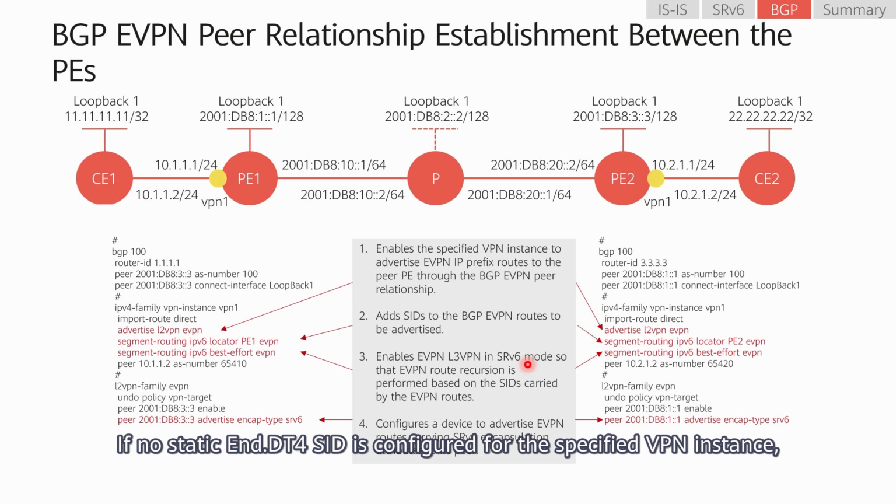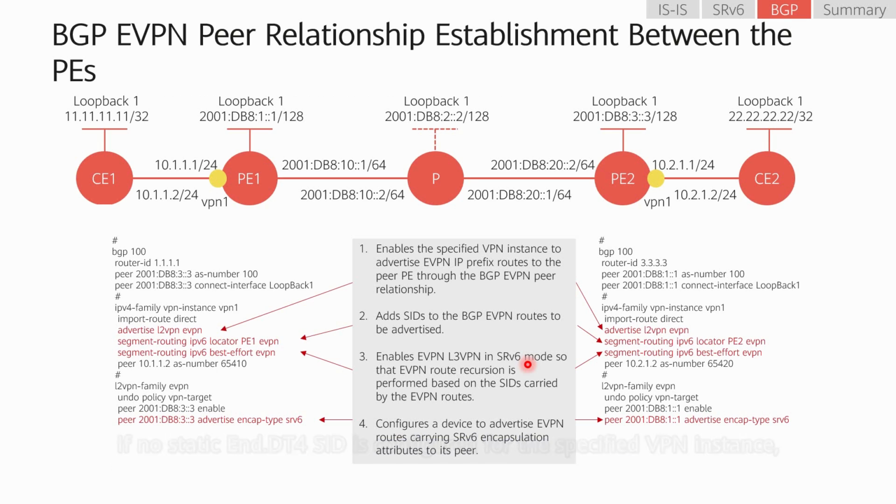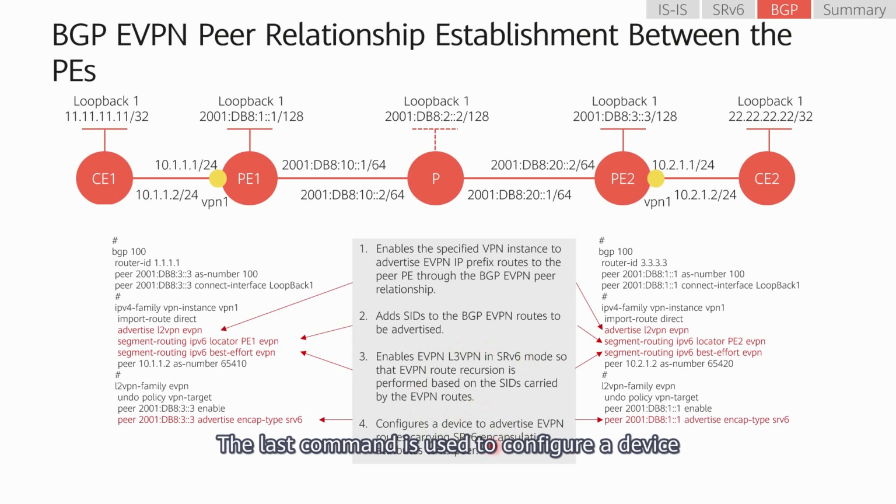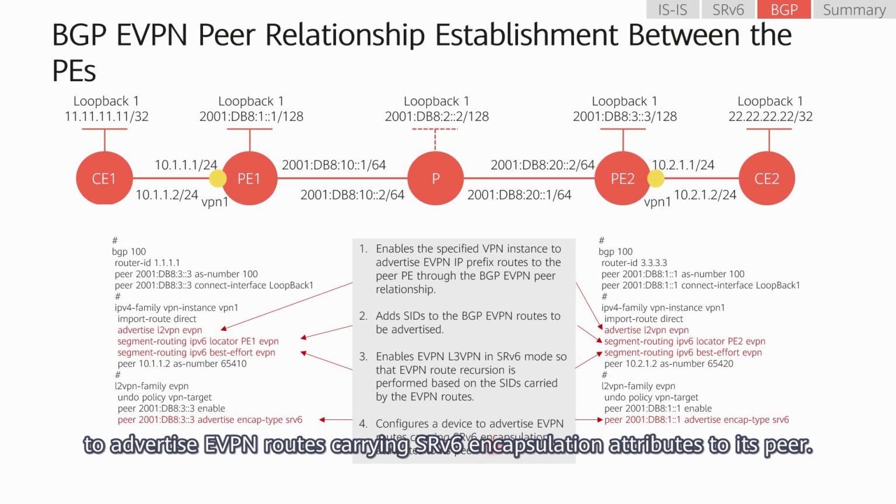If no static AND.DT4 seed is configured for the specified VPN instance, BGP dynamically allocates an AND.DT4 seed after the command is run. The last command is used to configure a device to advertise EVPN routes carrying SRv6 encapsulation attributes to its peer.